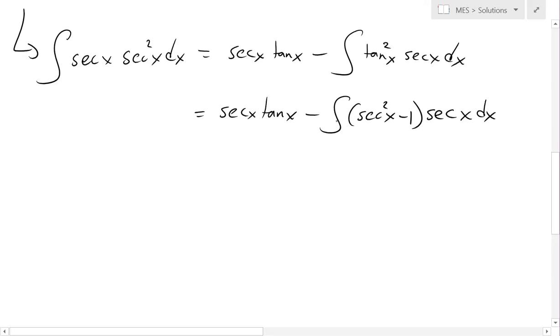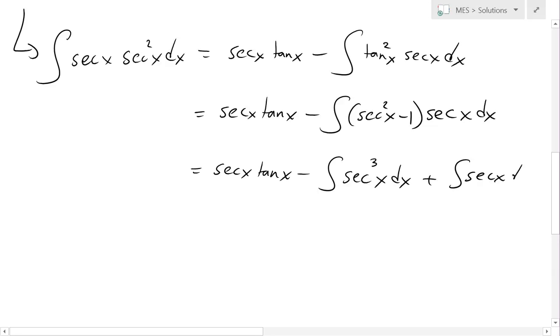So now we can multiply this inside, and we'll separate it because it becomes simpler, and I'll show you why. So we get secant x tan x minus the integral of secant cubed of x dx plus, so the minus becomes positive, the integral of secant x dx.